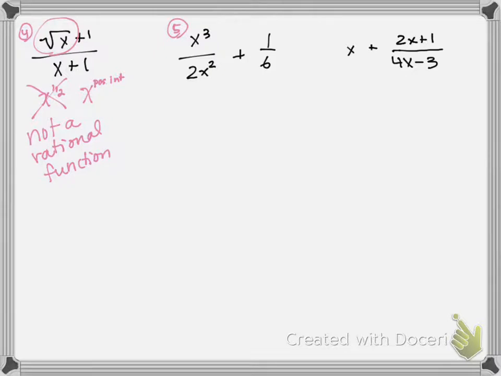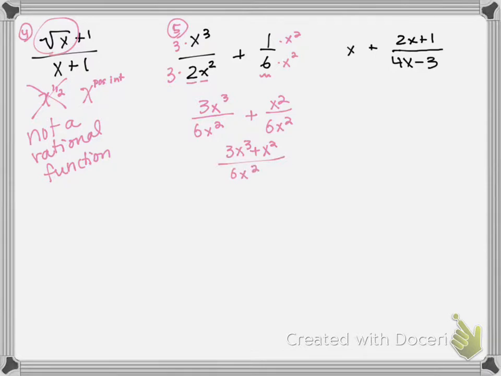You may lose some zeros, so if we left it, the 2x squared needs 3 more, so that you have that 6, and the 6 needs an x squared. So you have 3x cubed over 6x squared plus x squared over 6x squared, and then that gives you 3x cubed plus x squared over 6x squared.